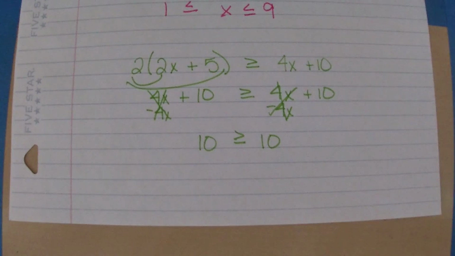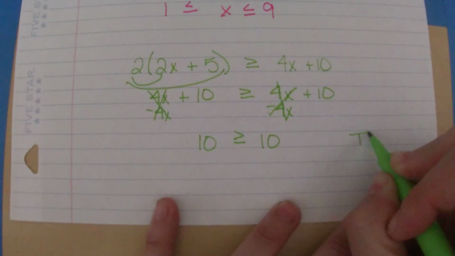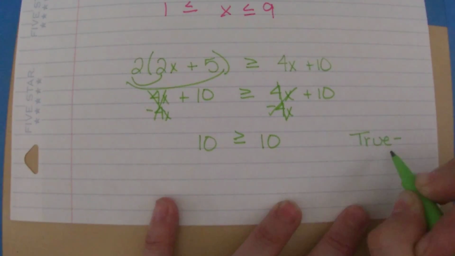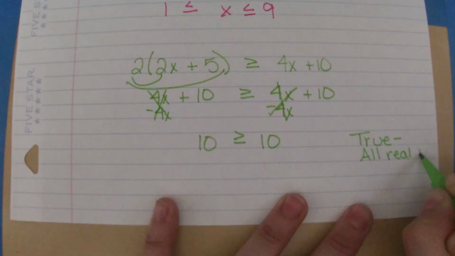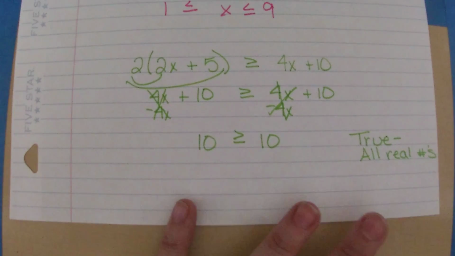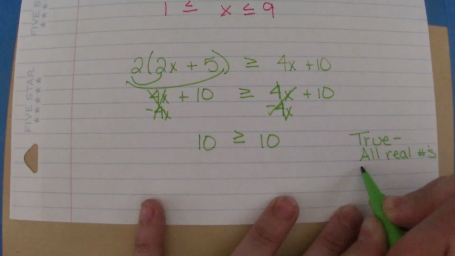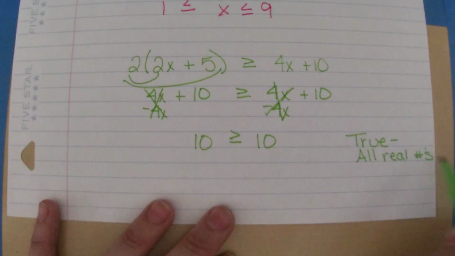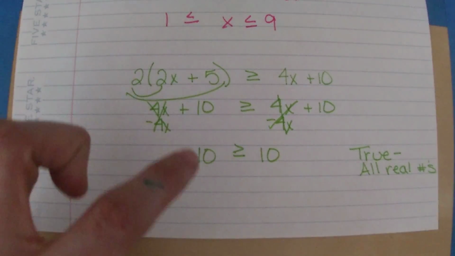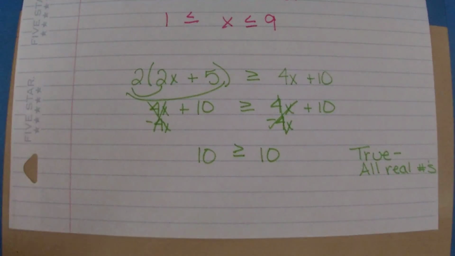Remember, there's an infinite amount of numbers in all real solutions because it's anything, so we can't count them all. So a true statement has an answer of all real numbers or all real solutions, which we would also then say has an infinite number of solutions. Okay, so 10 being greater than or equal to 10 is true, so this is all real numbers. The number of solutions that it has is infinite.